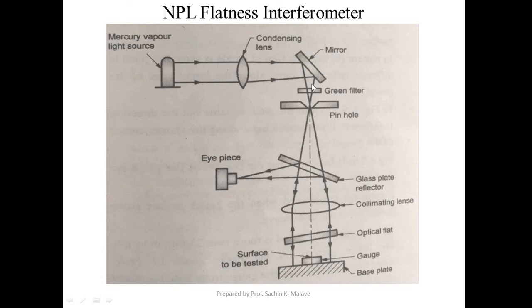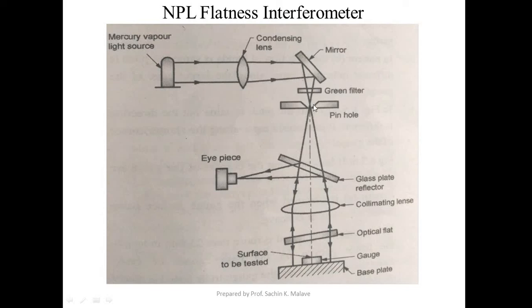The green filter removes all the colors except the monochromatic green. There are many colors, and out of that, if a green filter is used, it will filter only the green color. We want only one color, monochromatic light. So only green color is passed through the pinhole by this green filter. The rest of the colors are kept apart.